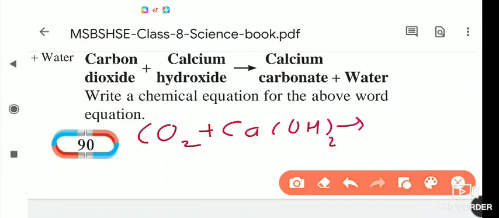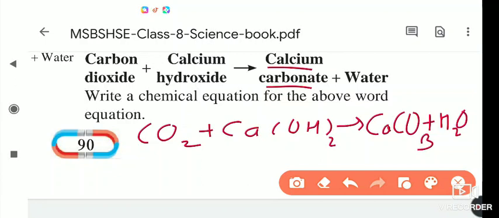When the chemical reaction takes place, the product is calcium carbonate, that is CaCO3, plus the water molecule. So this is the chemical reaction that takes place in freshly prepared lime water.